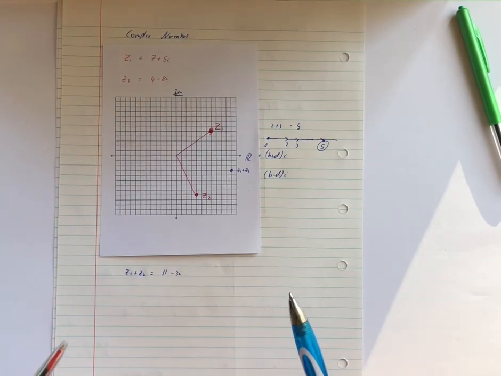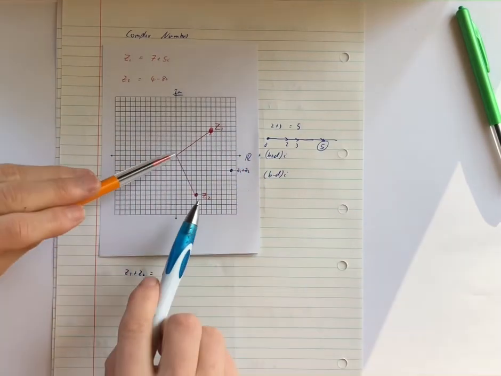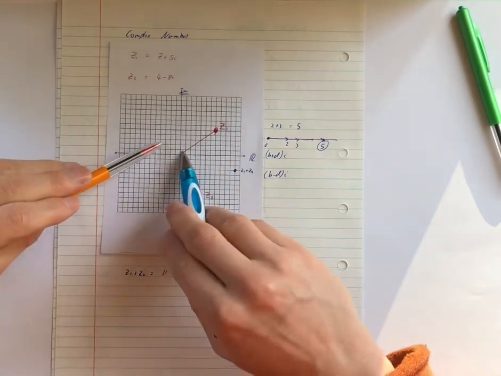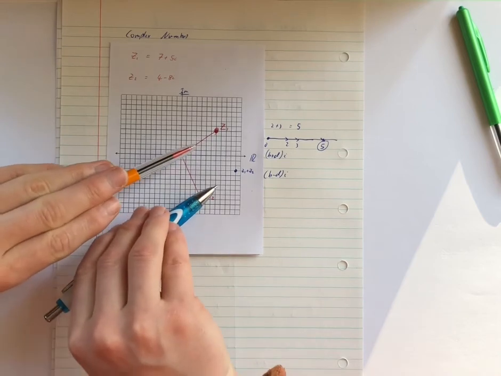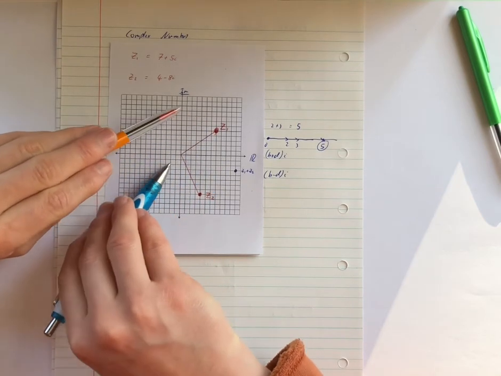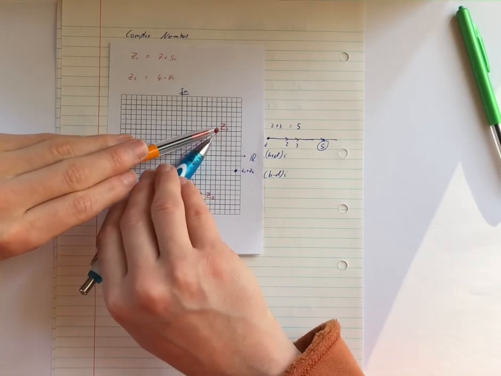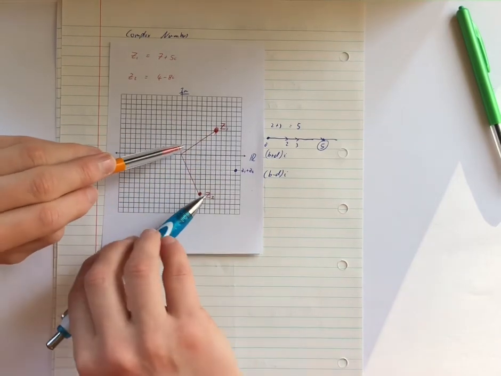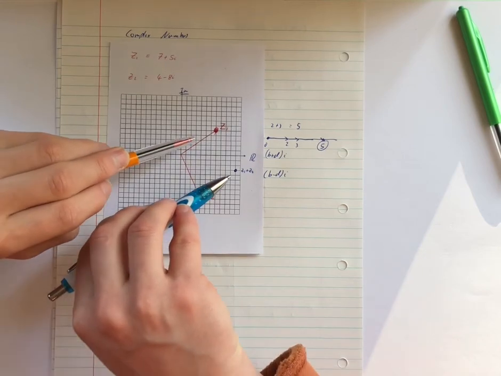This is how you add vectors. You take this vector and you add the magnitude of this one. Leave this vector where it is, and we're just going to add this one to it. After you've travelled along Z1, you add Z2, just the direction and magnitude of Z2. So that goes there.